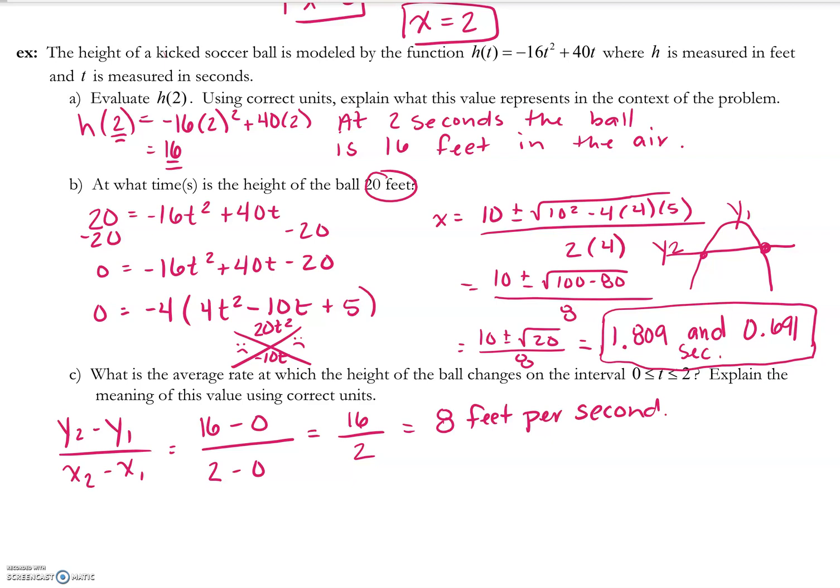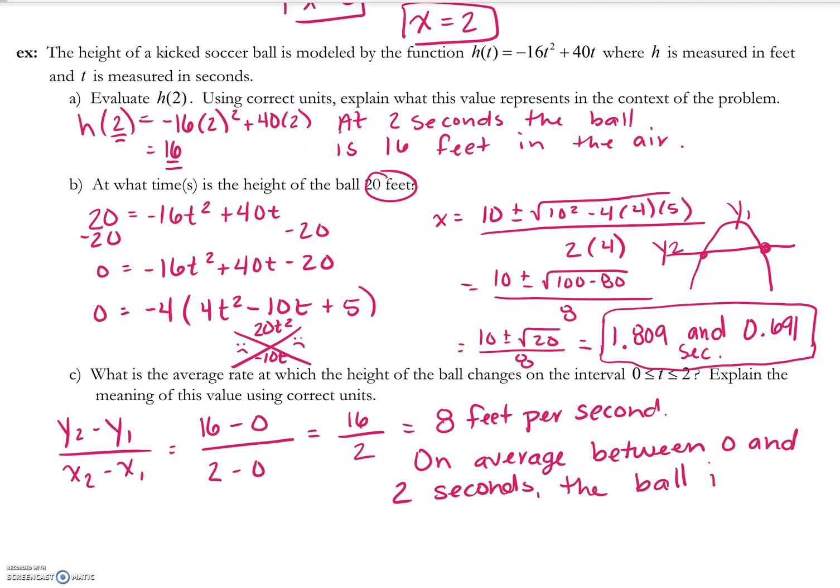If you wanted to be more precise and really show me that you understand average rate of change, you would write a sentence kind of like this. You would say, on average, between 0 and 2 seconds, the ball increases at a rate of 8 feet per second.